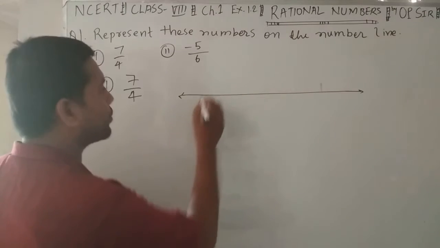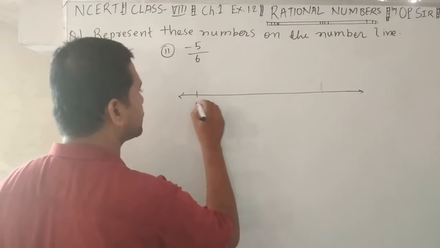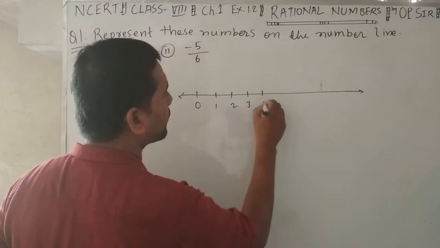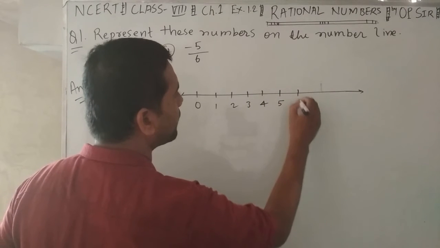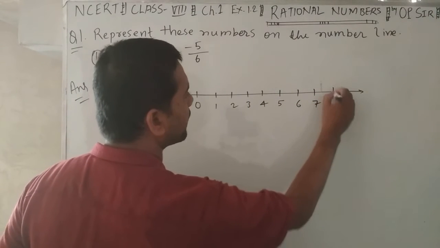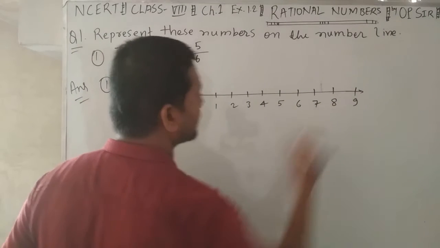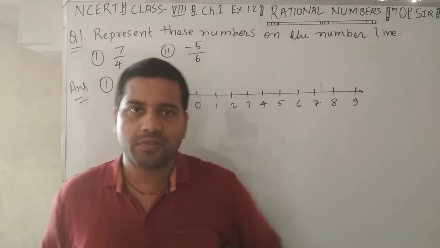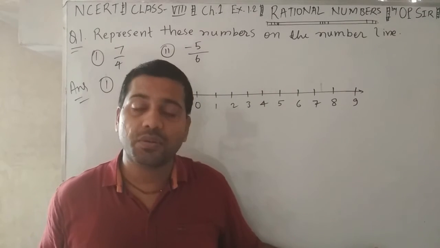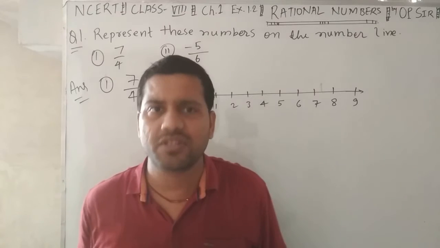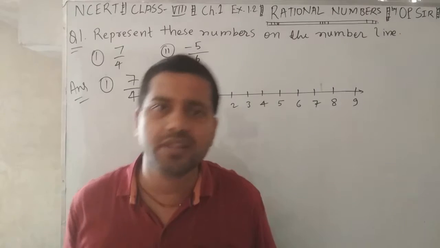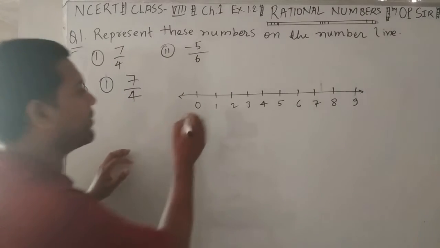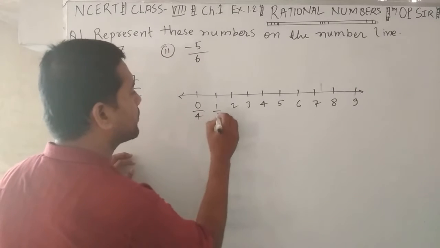Okay, so 0, 1, 2, 3, 4, 5, 6, 7, 8, 9. First of all, we will make this. First of all, we have made this, and what do we have in the denominator? That is 4. So everywhere we will put 4.